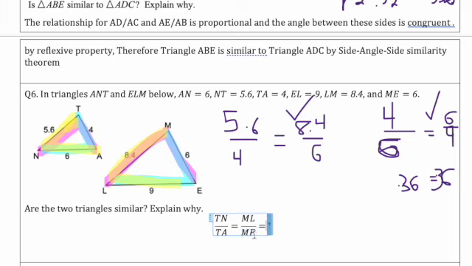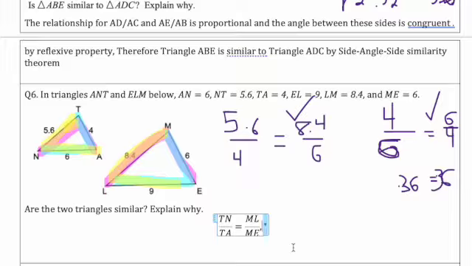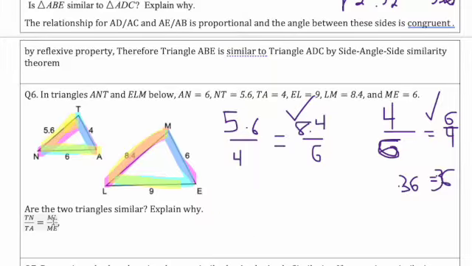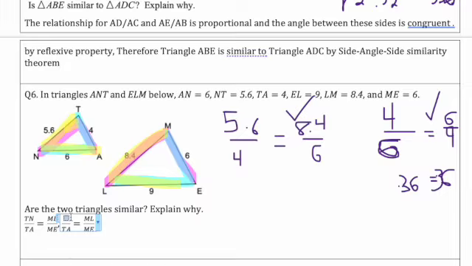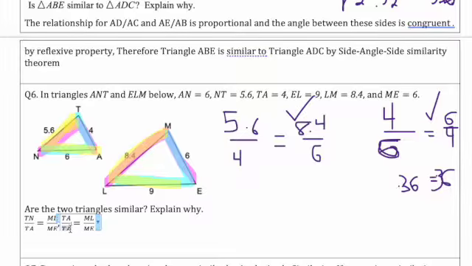And ML over ME is equal to, and then we have, so we did this side over this side, this side over this side, okay, comma, TA over NA, and we have ME over LE.